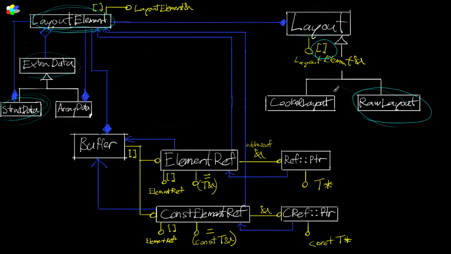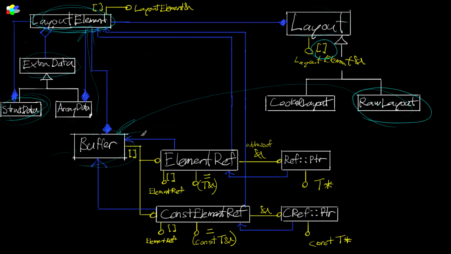So when you pass it to the buffer, the raw layout gets cooked. You have a finalized layout. From that finalized layout, you know how many bytes you need. So then the buffer can create its array of bytes, and it has its layout, and it's all good to go. Now, once you have a buffer, you're going to want to start accessing the data in that buffer.